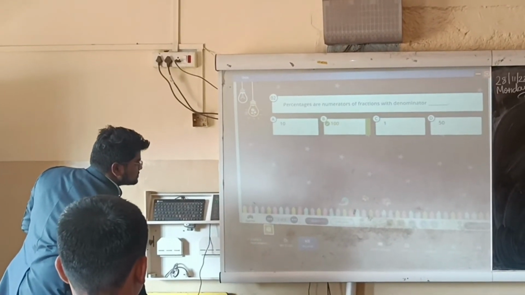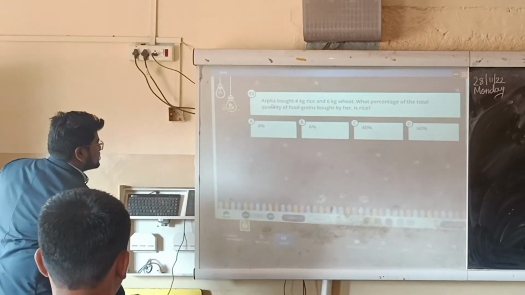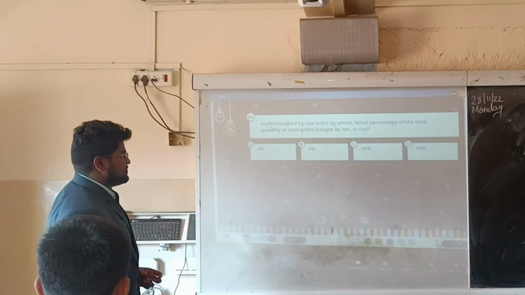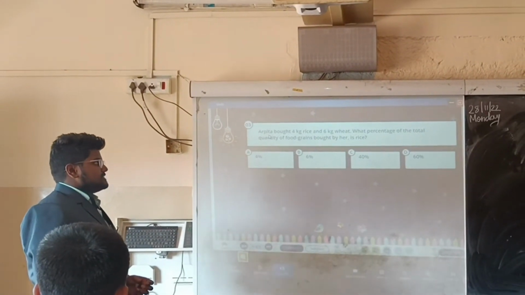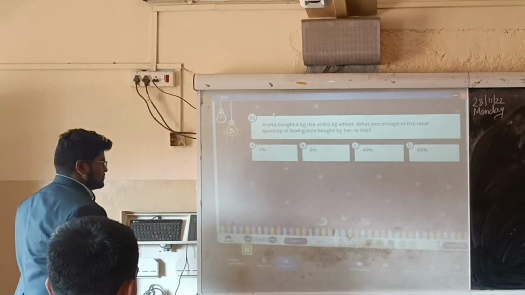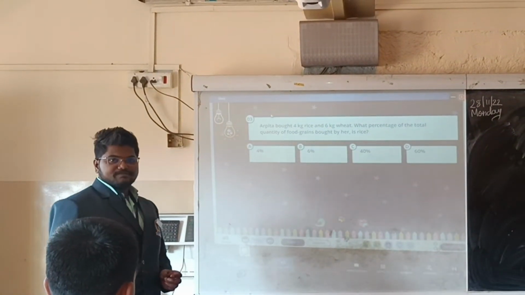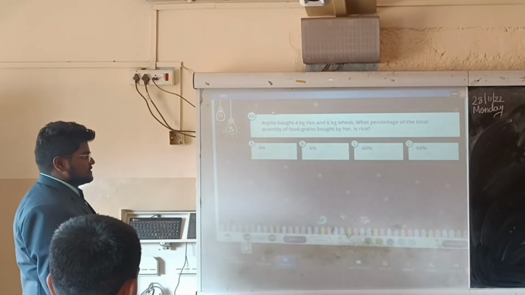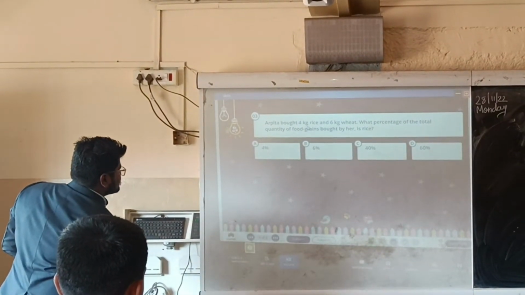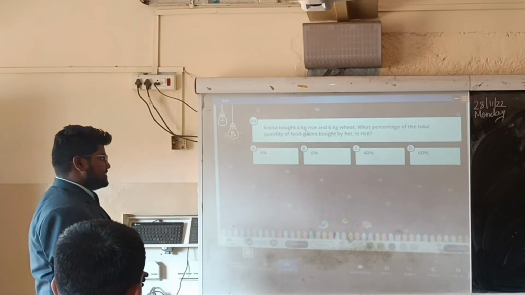Now the next one. Arpita bought 4 kg rice and 6 kg wheat. What percentage of the total quantity of food grains bought by her is rice? Should we calculate this? Now see, Arpita has bought 4 kg rice and 6 kg wheat.